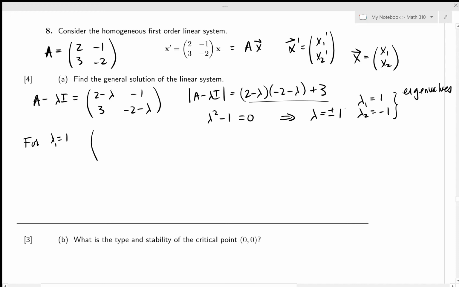So I'm going to substitute in 1, and I'm going to get 1 minus 1, 3, and minus 3. Looking at this right away, I can see that this means that x1 is going to be equal to x2, and therefore 1, 1 is the eigenvector.